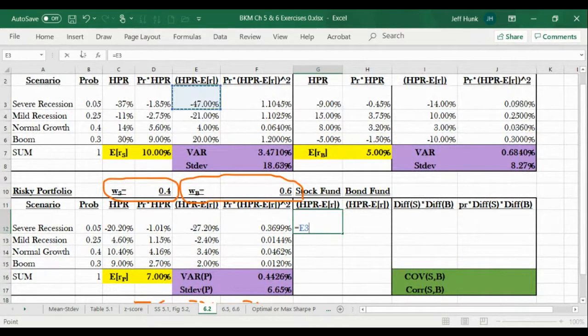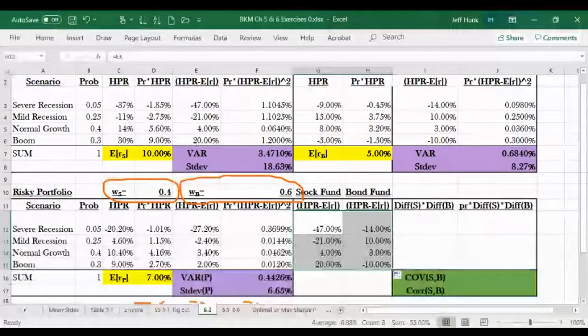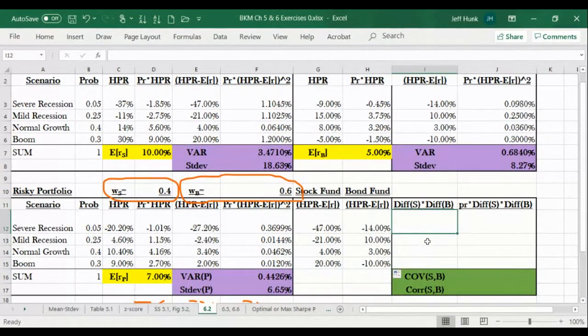Difference terms are here, and here also the difference terms for the bond. I'm going to drag them down. And then the product of these two difference terms. So it's this times this. I'll drag it down.